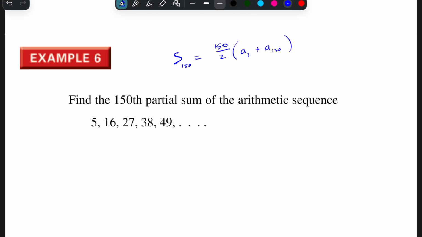The first thing I need to do is figure out those first and last terms. I can see that A1 is 5 here, but A150 I don't see right away, and I don't want to just keep adding whatever my common difference is.